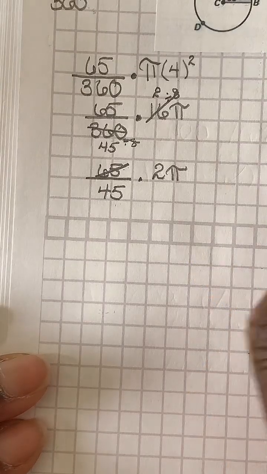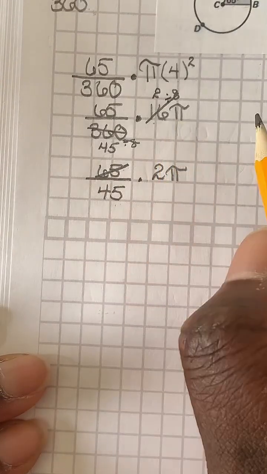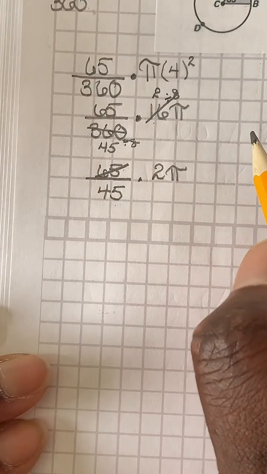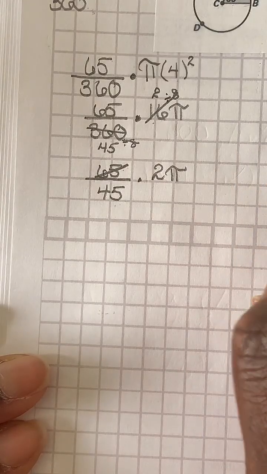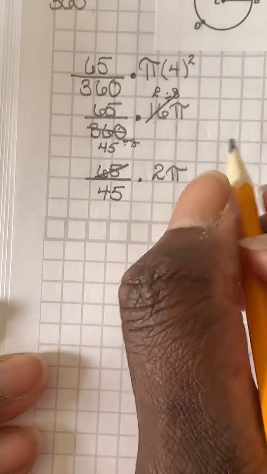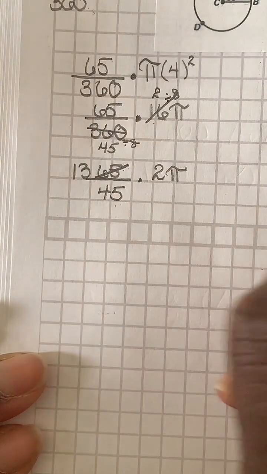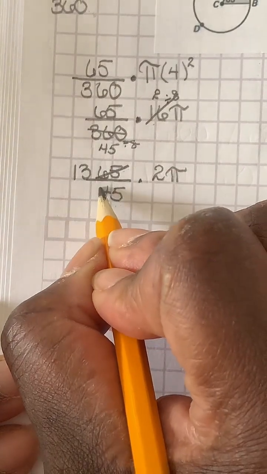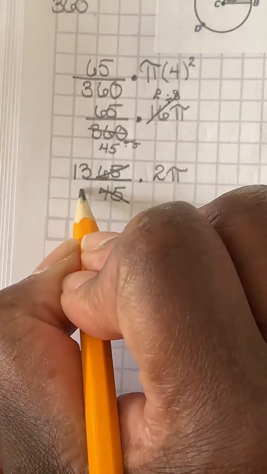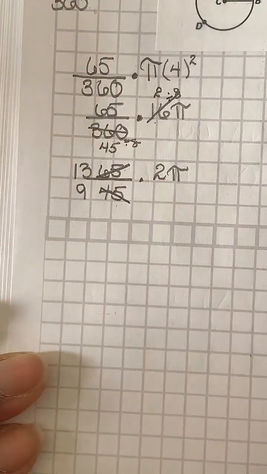Yeah, I'm not adding the 1 because that's 16, not 1 6. Okay. Because this will give me 13. Good. 45 divided by 5 will give me a 9.